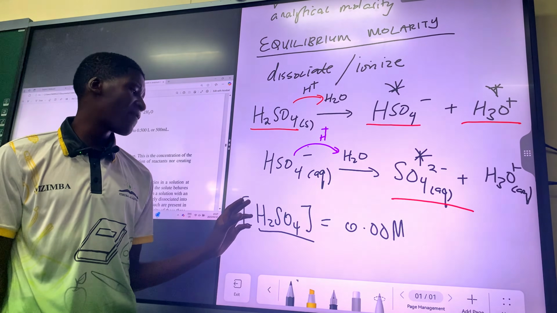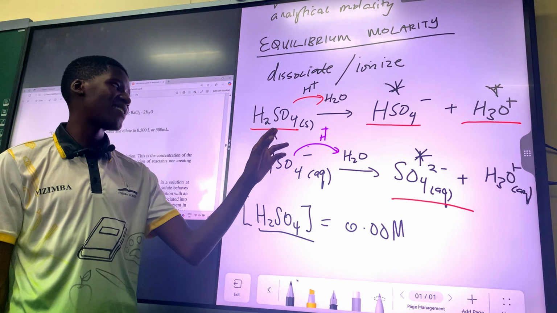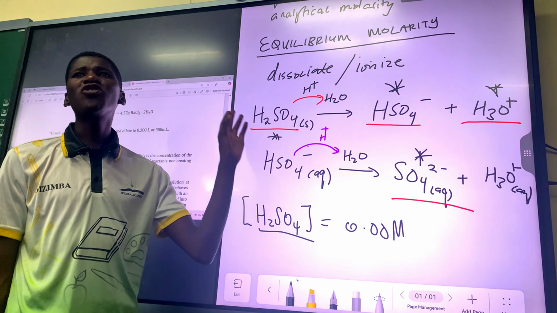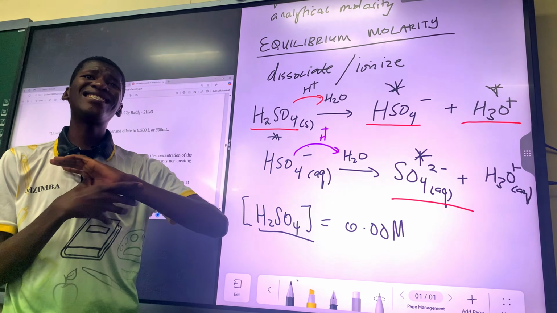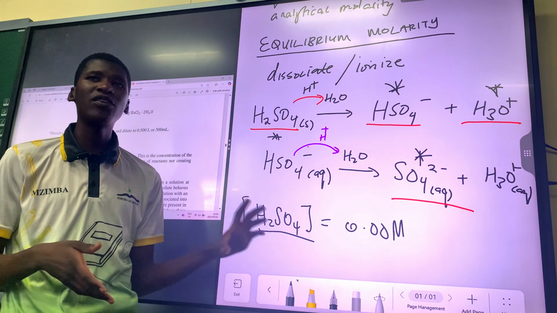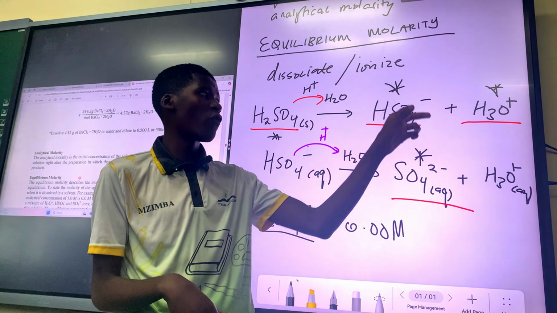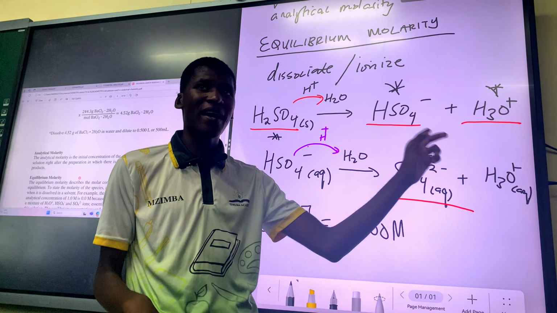So we already know that the equilibrium molarity of the first thing you dissolve in water will be 0, because it dissociates completely in water, or it ionizes completely in water. It separates into HSO4 minus as well as SO4 2 minus.